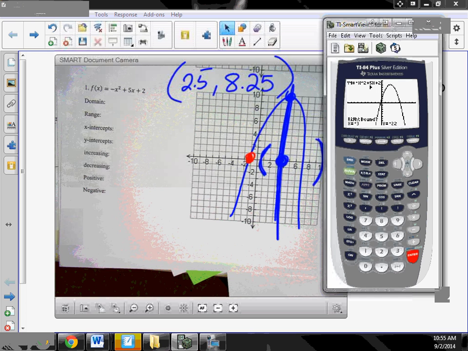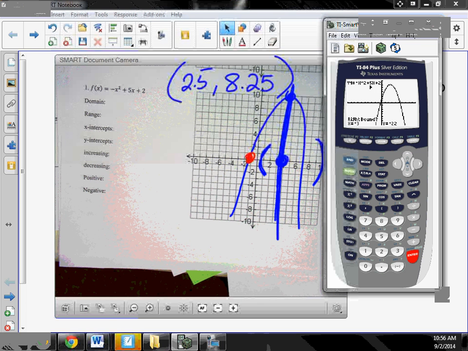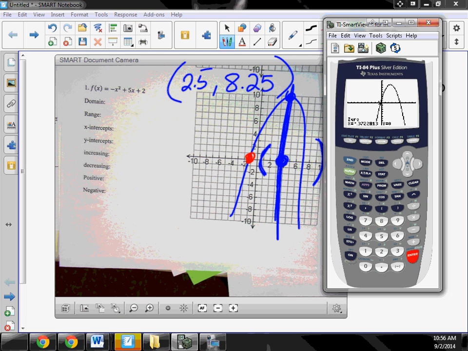What's a number to the right? 3 would work. What if I want to pick like 8? Why would 8 be a bad choice? We don't want to pick a number so far to the right that we include the other root. So 2, and my guess will be 0. So one x-intercept is -3.372.